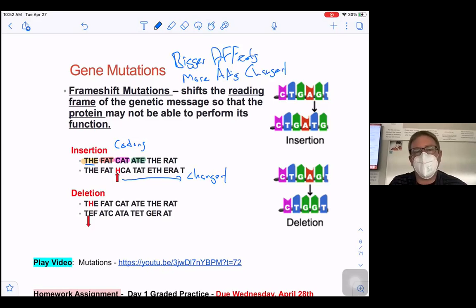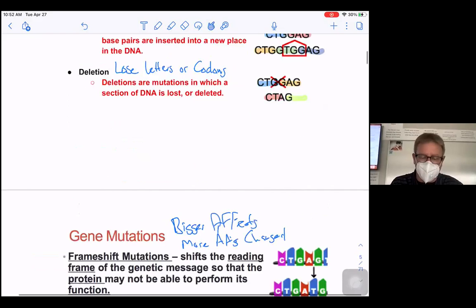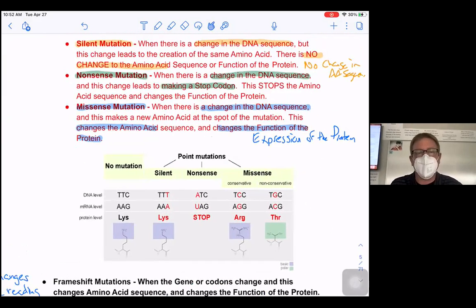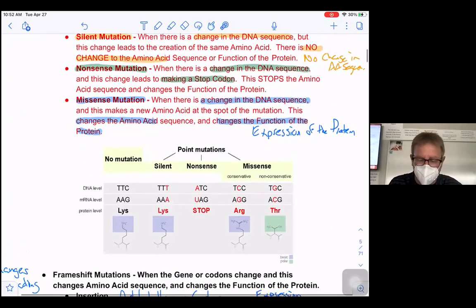When we talk about frame shift mutations, this idea of insertion and deletion, you still can get a fairly significant change, right, when you look at the missense or the nonsense when we get to the stop, right? So this one could still have a fairly big impact depending upon where that one point mutation is.